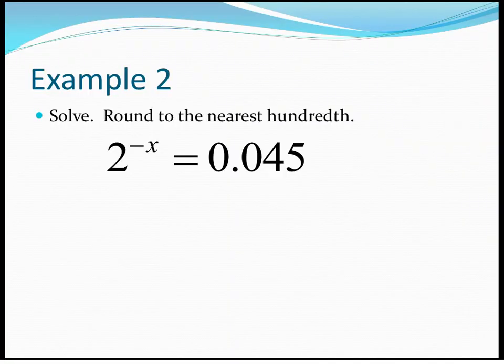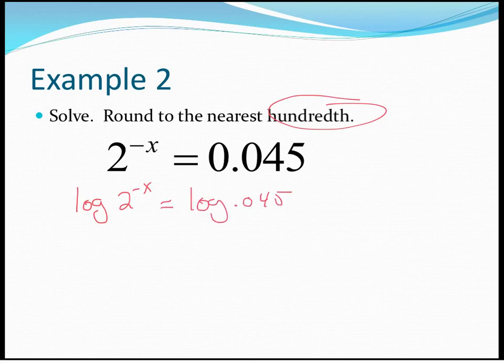Okay, in our next example, we're going to round to the nearest hundredth. Careful with your rounding, because if I ask to round to the hundredth, you need to round to the hundredth. And we're going to go ahead and solve for this exponent. It's a negative exponent. So how do we solve for an exponent? We're going to introduce a logarithm. So I'm going to write in log base 10, and because it's base 10, I'm not going to write the base.